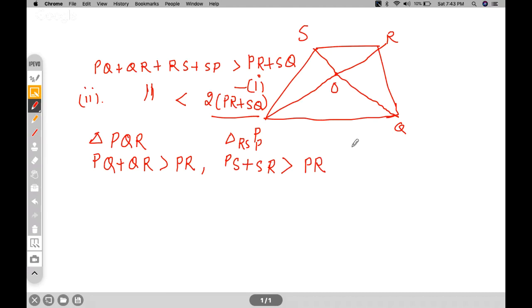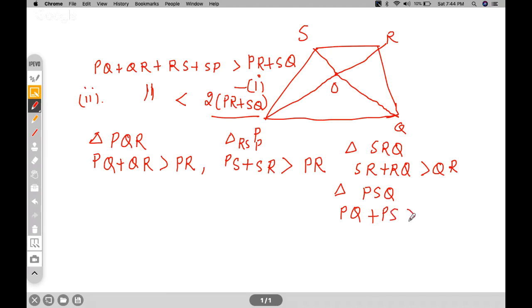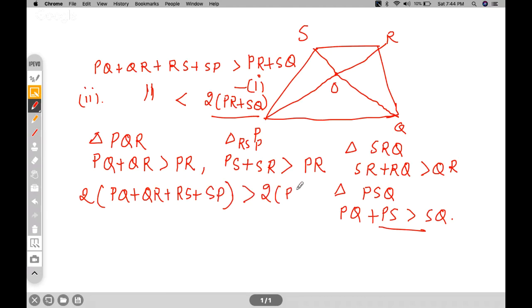Now triangle SRQ. So SR plus RQ is greater than QS. Now let's take triangle PSQ. So here PQ plus PS is greater than SQ. Now add all of them, you will find that 2 times PQ plus QR plus RS plus SP is greater than 2 times PR plus QS. So this 2 and 2 gone, you will find out your answer.